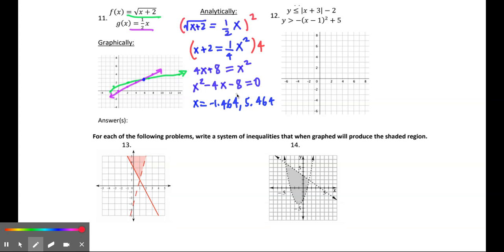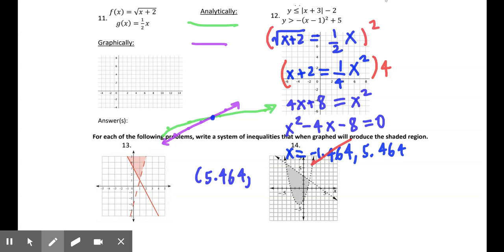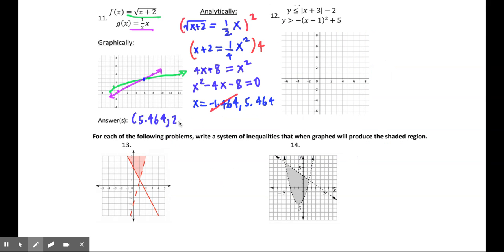But this one ends up not working with this graph. You can see that when you go down, it doesn't intersect there. So then the answer is 5.464 something. And if you plug it into either of those, we'll get a y value of 2.732.